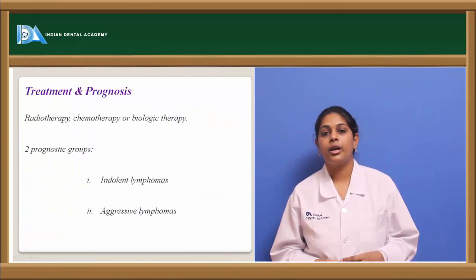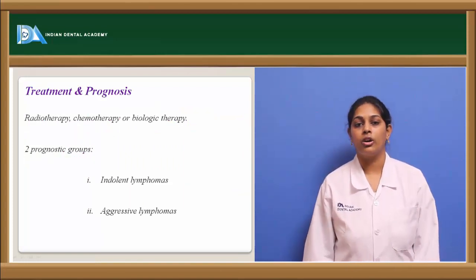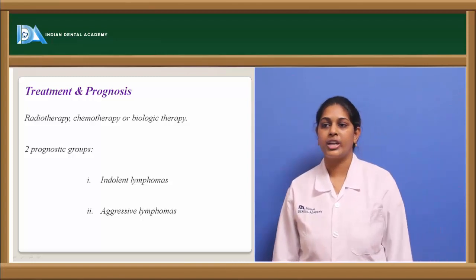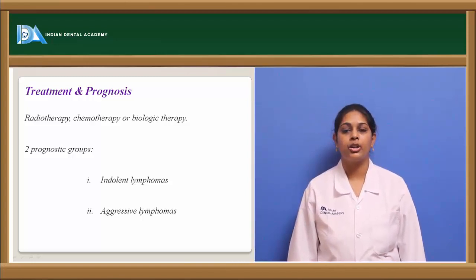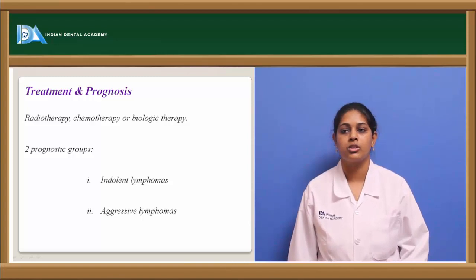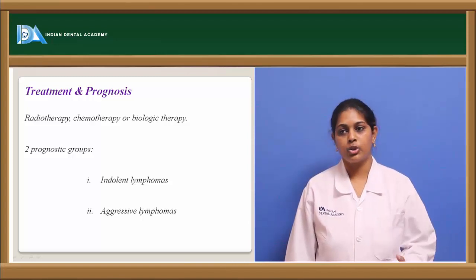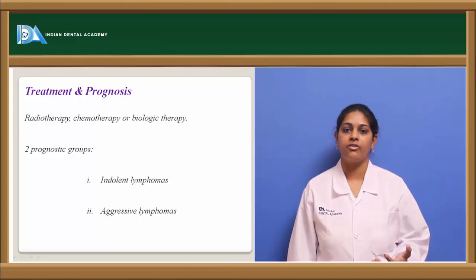Coming to the treatment and prognosis of non-Hodgkin's lymphoma, usually a combination of treatments is given, such as radiotherapy, chemotherapy, as well as biological therapy. The biological therapy is based on antibodies given to the patient to fight against the neoplastic cells. There are two prognostic groups: indolent lymphomas and aggressive lymphomas.